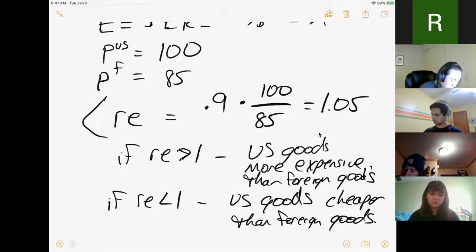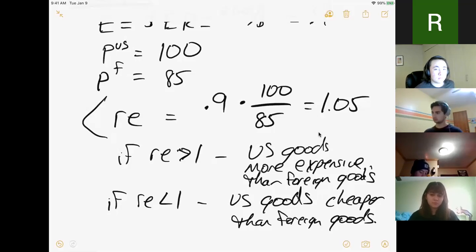So the real exchange rate essentially allows us to think about the price of one country's goods in terms of another country's goods. So in this example, US goods are actually more expensive than foreign goods by 5% or so. And so this is a much better way to think about exchange rates, not the nominal exchange rate, but the purchasing power.